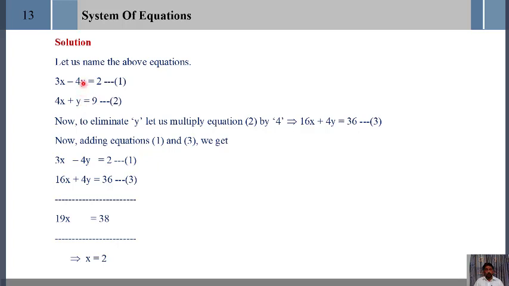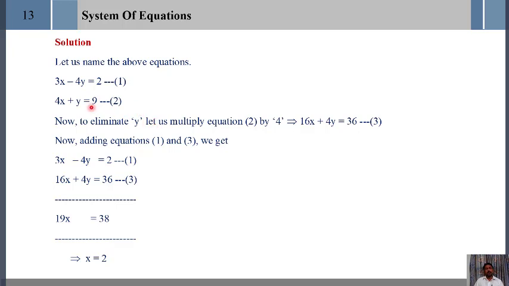So to eliminate y from these two equations, simply multiply equation 2 with 4, it need not necessarily be minus 4, positive 4 also.